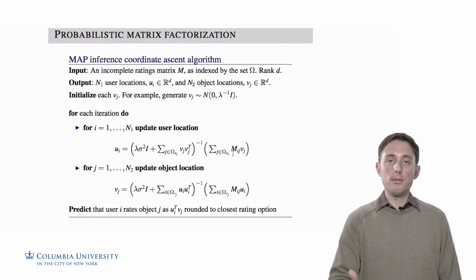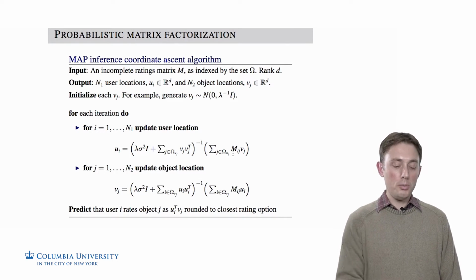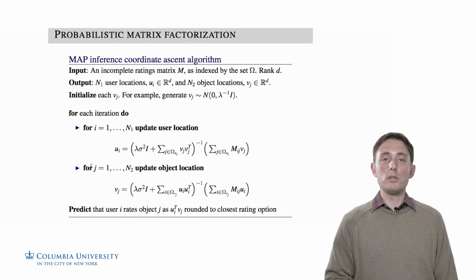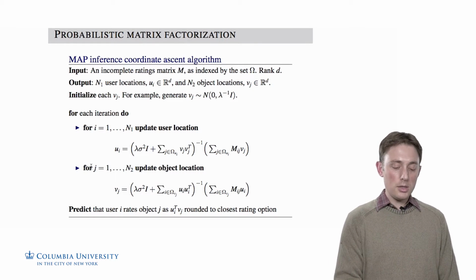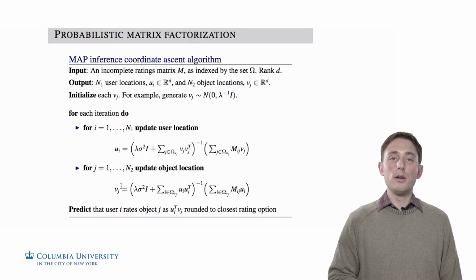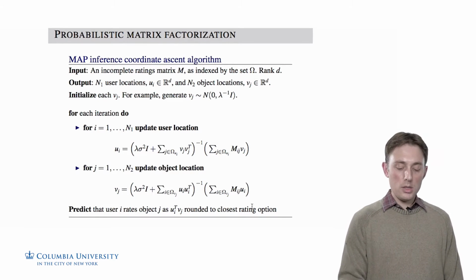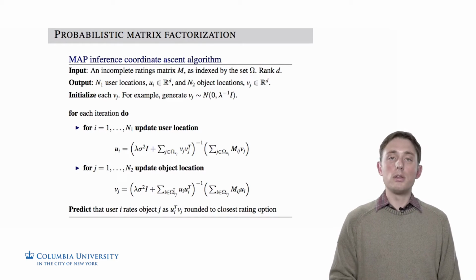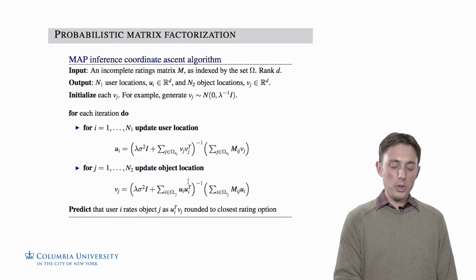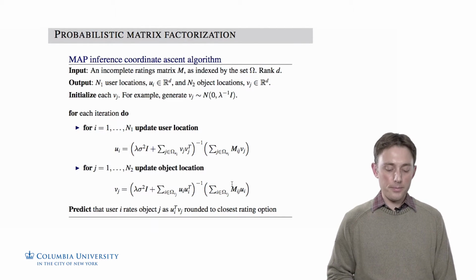Then the second half of the same iteration will be to update the locations for all of the objects. And so for each value j, we update the location for object j, solving this equation where we use the relevant locations of the users. We use all of the users who have rated that object and also all of their ratings here.